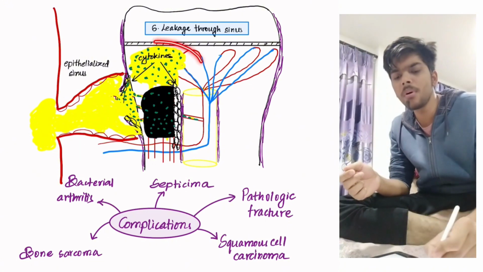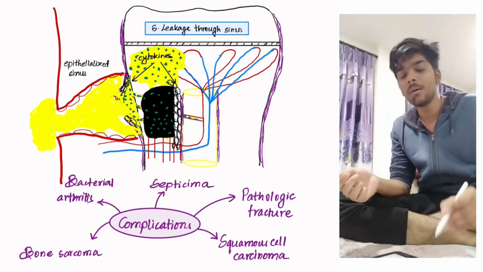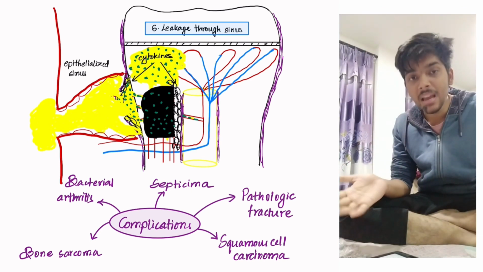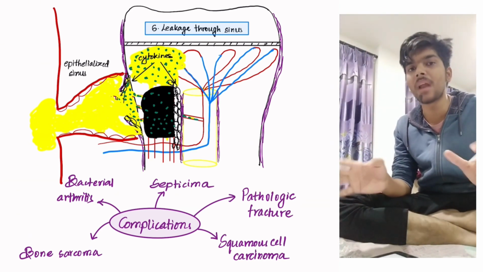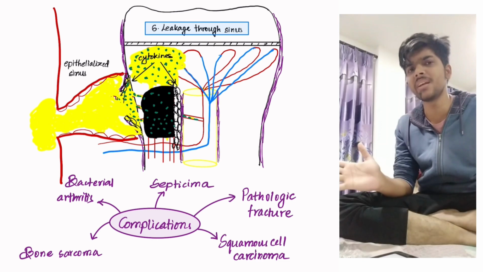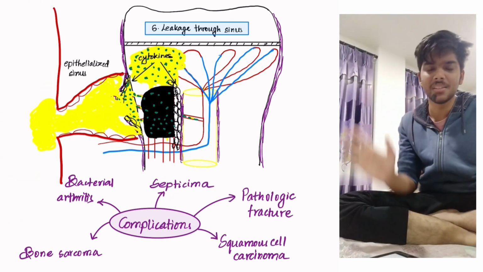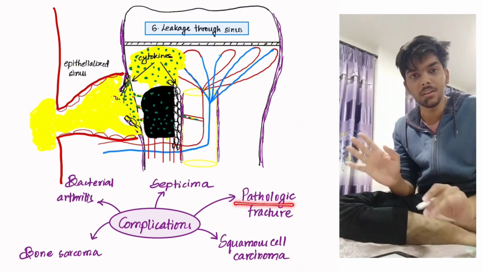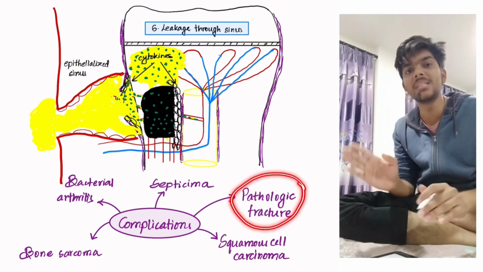Since there's so much going on, the bone becomes weak due to infection by the bacteria, and it is highly susceptible to fracture under no stress or under very little stress, and the cause behind the fracture is pathologic. So it leads to pathologic fracture.